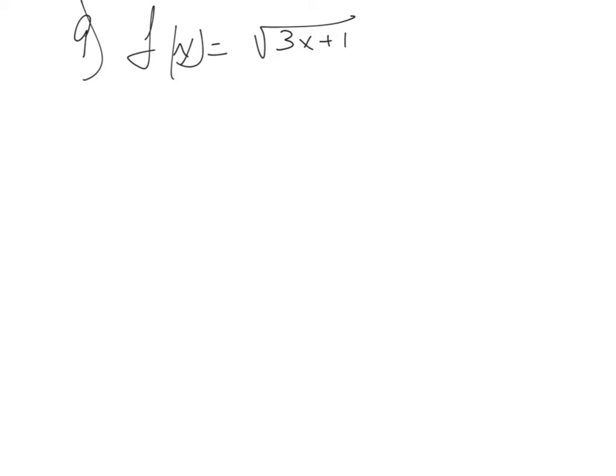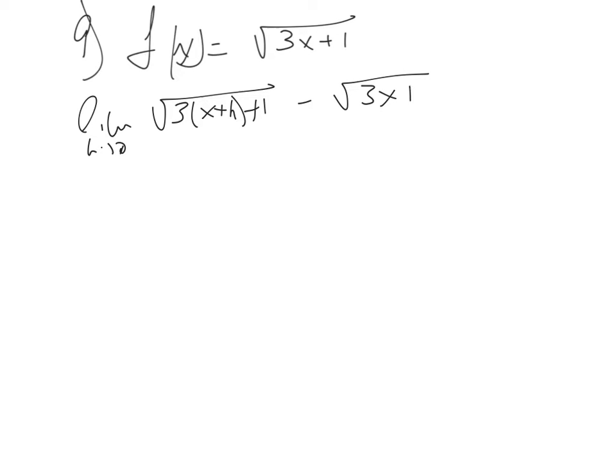Okay, I'm going to skip to question 9, where it's asking you if f of x equals the square root of 3x plus 1, they want to know what f prime is using the limit definition. So we know the limit as h approaches 0 of f of x plus h, which is the square root of 3 times x plus h, plus 1, minus f of x, which is just the square root of 3x plus 1, all over h.